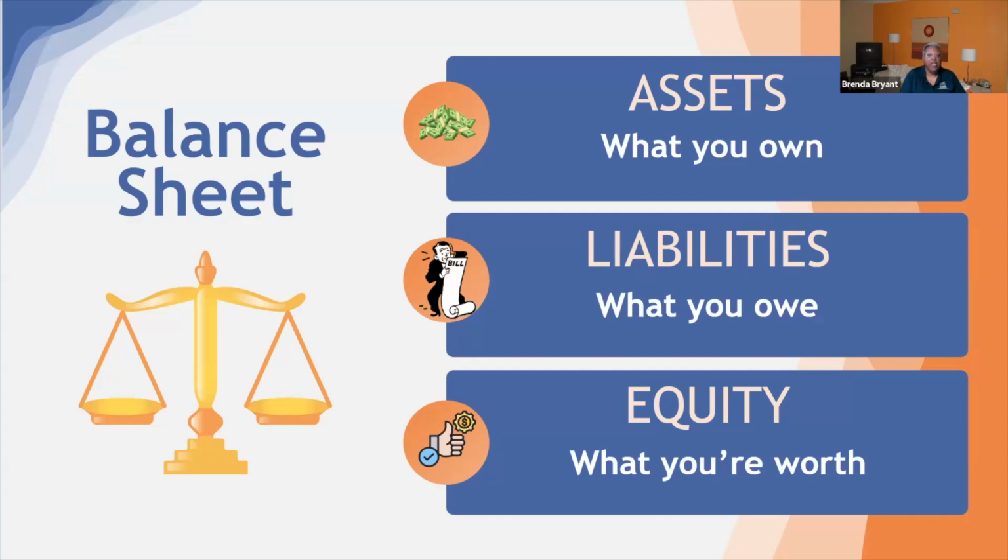So if I have paid $500 or $1,000 against that loan for my principal, then my loan has been reduced by that $500 or $1,000. And equity is what am I worth?